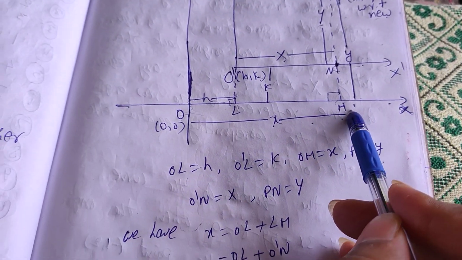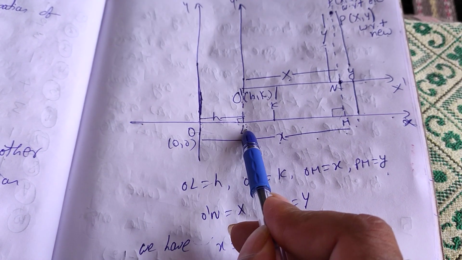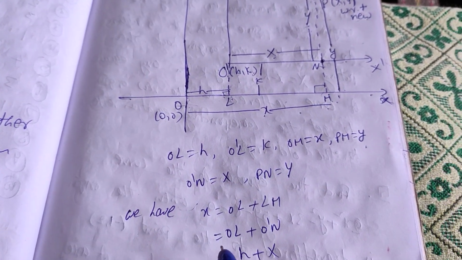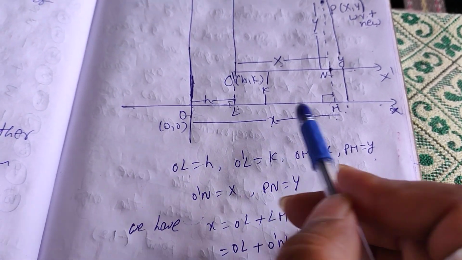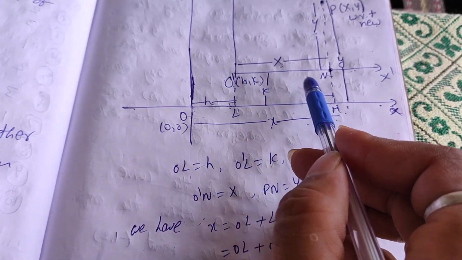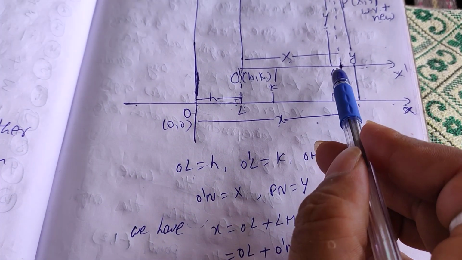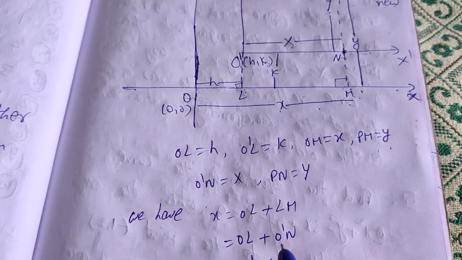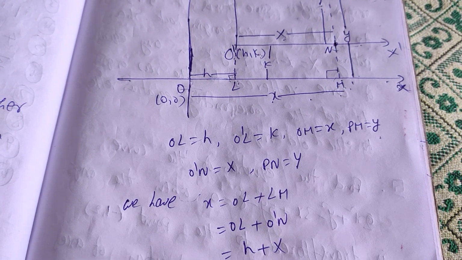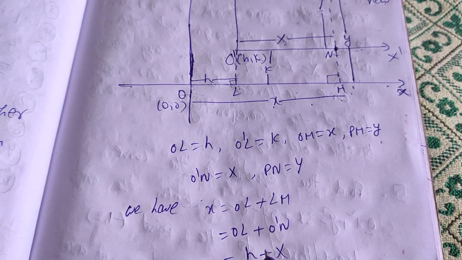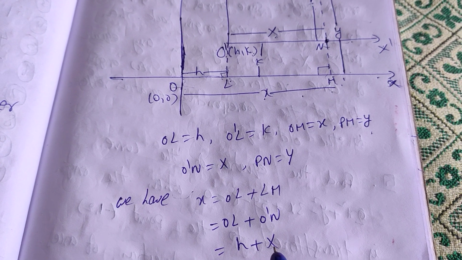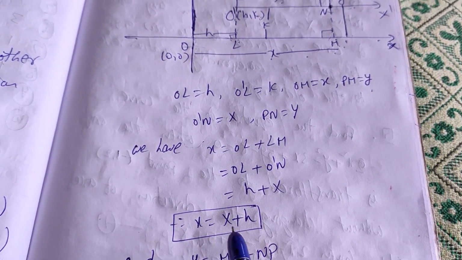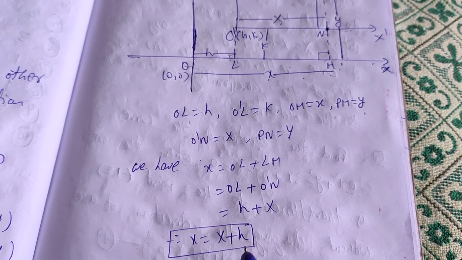Now this small x is nothing but OL plus LM. OL is nothing but h, and LM is nothing but O dash N, because this forms a rectangle. If you replace LM by O dash N, that means OL plus O dash N, where OL is equal to h and O dash N is equal to capital X, so it becomes h plus X. Therefore small x is equal to capital X plus h.